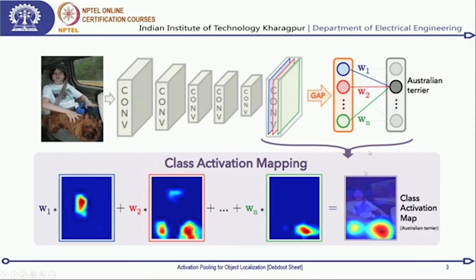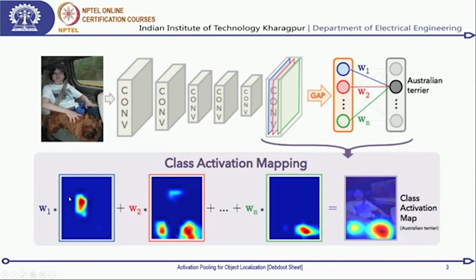Keep in mind there would be weights corresponding to boy, weights corresponding to car window, there can be weights corresponding to the seat belt, any of these options. However, our only objective is to find out this Australian Terrier. So, we take the weights which correspond to the Australian Terrier only, and use those weights in order to map it up. When you do a weighted summation of these activation maps, this is what you get.